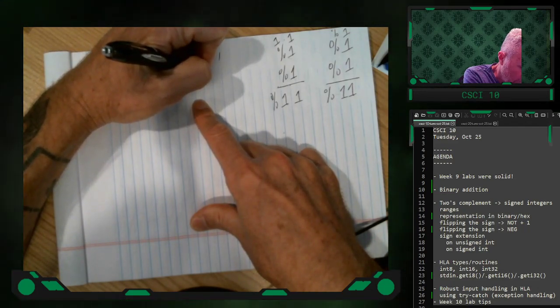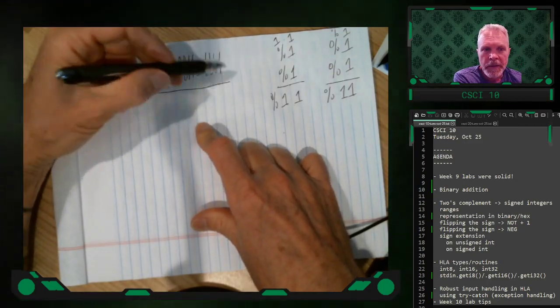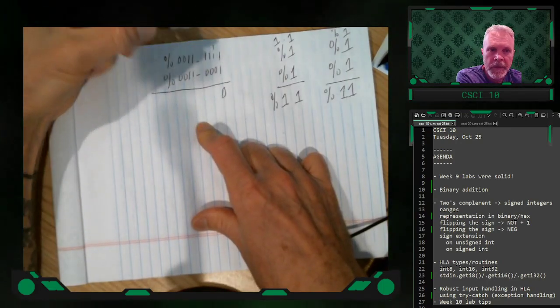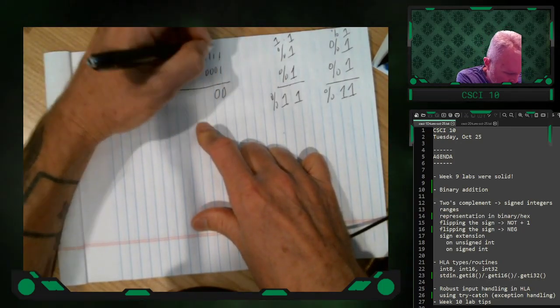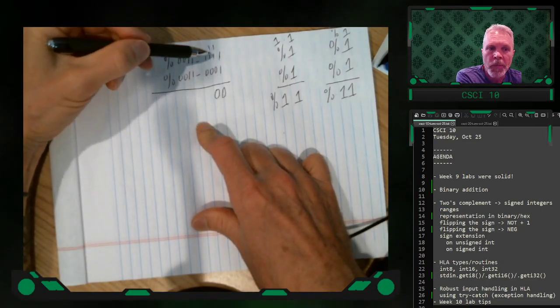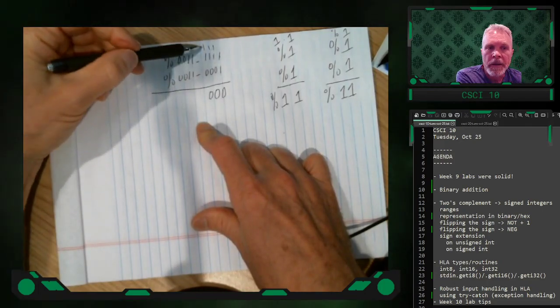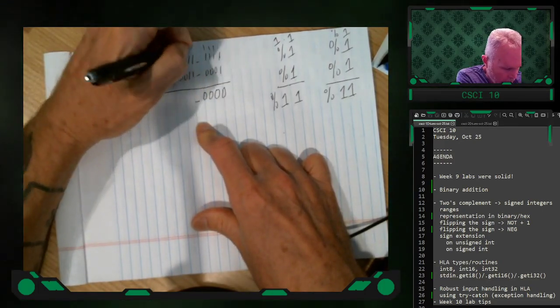Will this work? I think it will work if I do it this way. We'll find out. So 1 plus 1 is 0, carry a 1. 1 plus 1 plus 0 is 0, carry a 1. 1 plus 1 plus 0 is 0, carry a 1. 1 plus 1 plus 0 is 0, carry a 1.